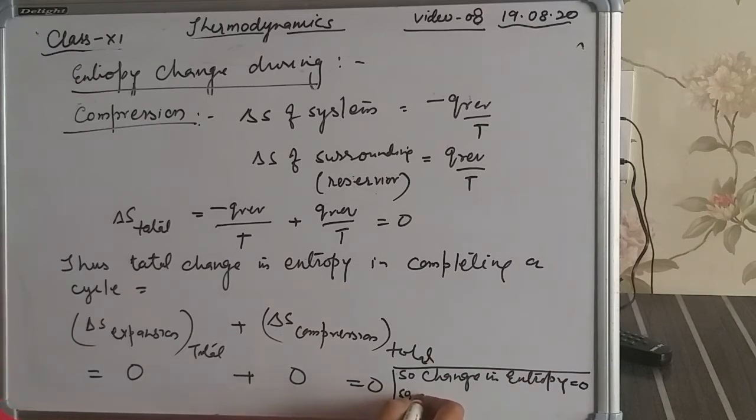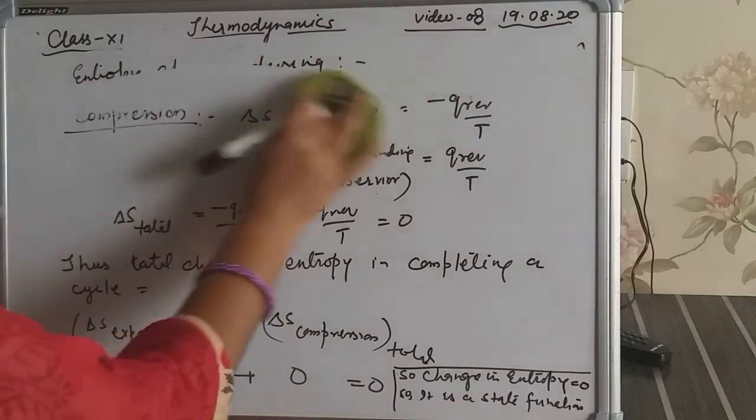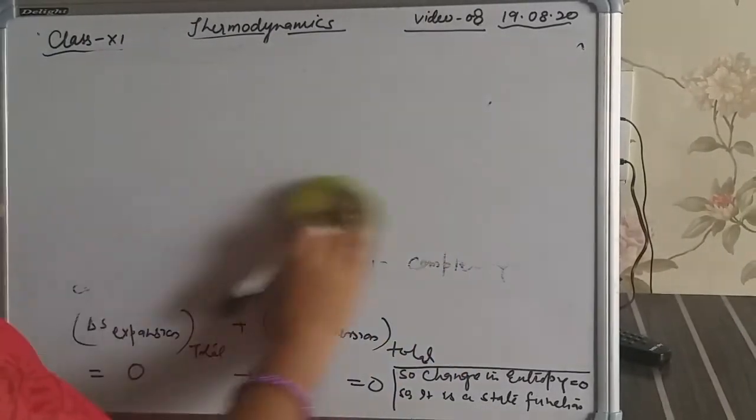So we can say that it is a state function. State function means it depends only on the initial and final value. In case of reversible, we already discussed what happened.